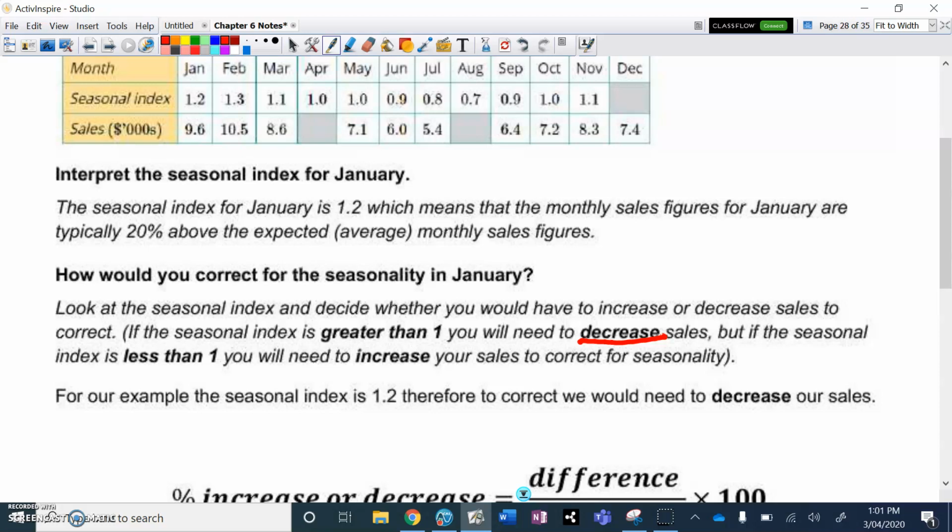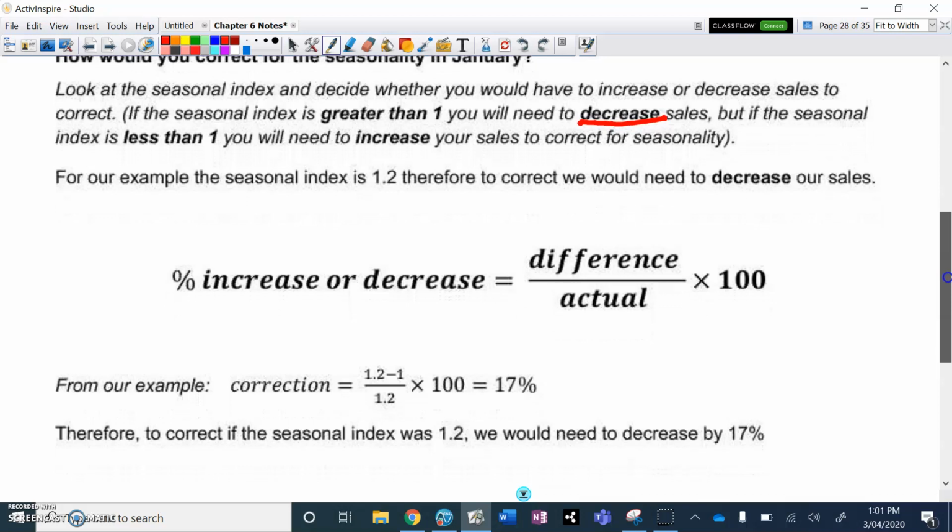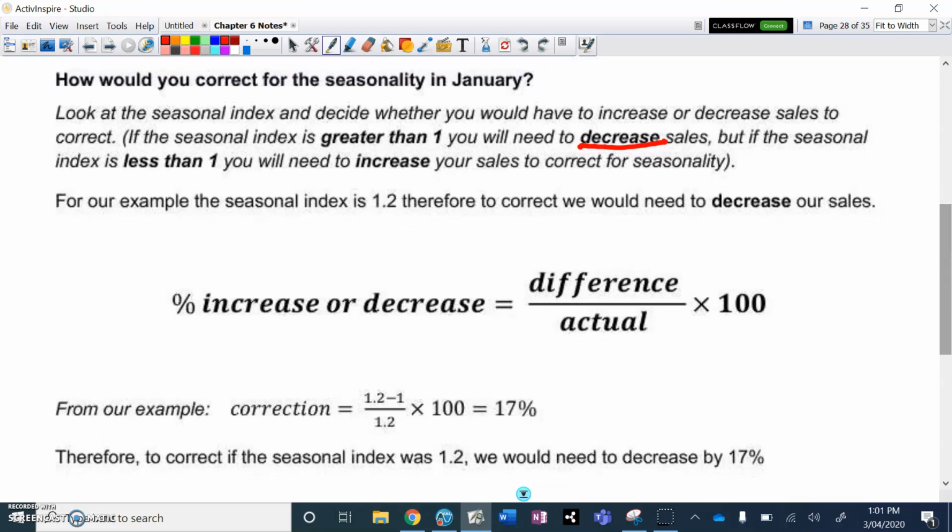Okay, so the tricky part of this is not that bit. The tricky part is deciding how much we need to increase or decrease by. It's not quite as simple as it would seem. The trick is understanding that if you've got a sales figure for, say, January that's 20% above average, and you need to decrease the sales, you don't decrease them by 20%.